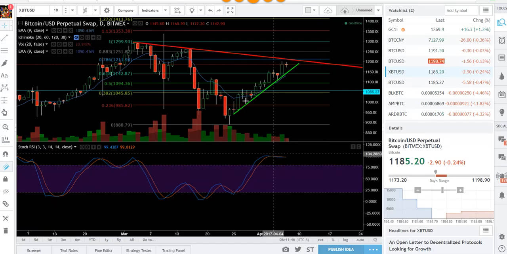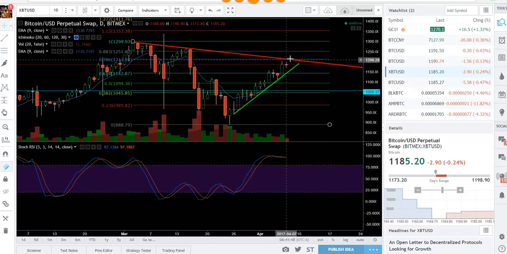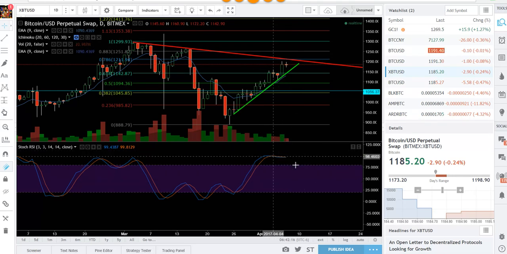Meaning that if the price comes up here and starts hitting this resistance area and we really break down and don't make it through this red line, and the price starts to come to the other side of this green line and breaks this support, and we get a crossover here where the daily starts pointing down and getting weaker, then that's telling me that, hey, we didn't make it through resistance, we're breaking down our support, and our daily strength is getting weaker. Okay, so you want to keep that in mind.